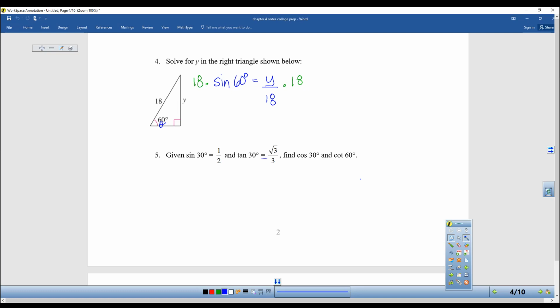And now I'm going to plug it into my calculator. So you guys are very fortunate. When I was growing up, we had to learn how to find trig functions using tables.